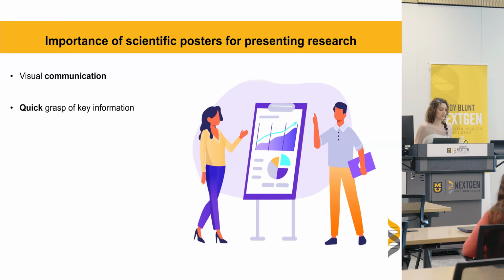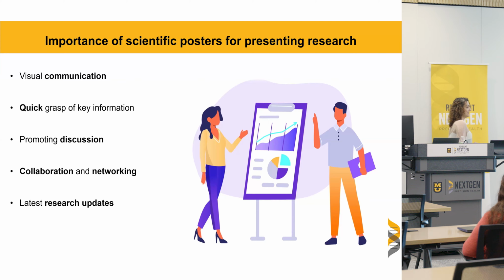We can have the key information and also promote discussion. This is one of the things that we always want in the research society: to promote discussion, collaboration and networking. Also, the audience attending the poster session can get the latest research updates, which is very useful for all of us.